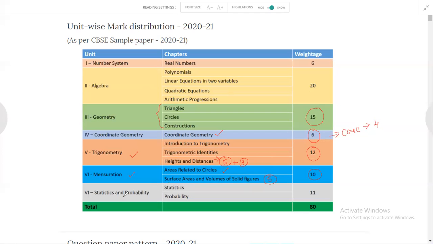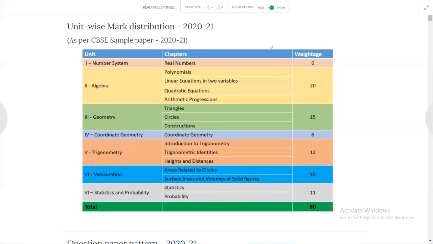Now the last unit is statistics and probability, and there are 2 chapters: statistics and probability. The total weightage is 11 marks, which will be distributed between these 2 chapters. As probability is a small chapter, you can expect more questions from statistics, because there are questions related to arithmetic mean, median and mode.